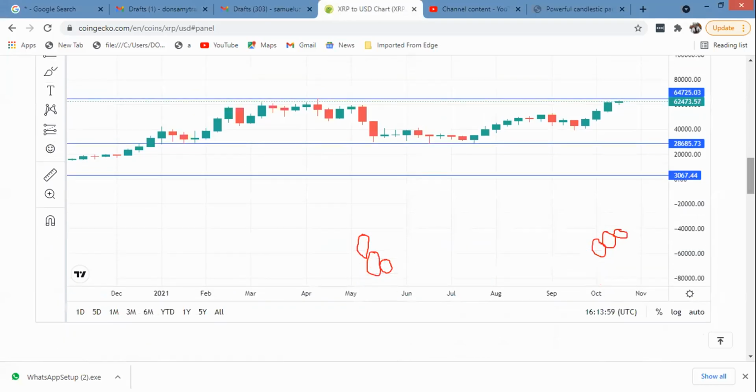Okay? Now, if you look at what I just printed, you can see this is 27th September. This is 4th of October. This is 11th of October, and this is 18th of October. You can see it's taking 1 week, 1 week, 1 week.